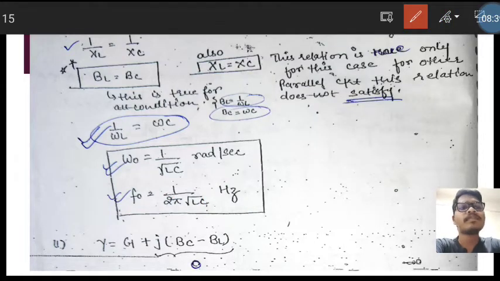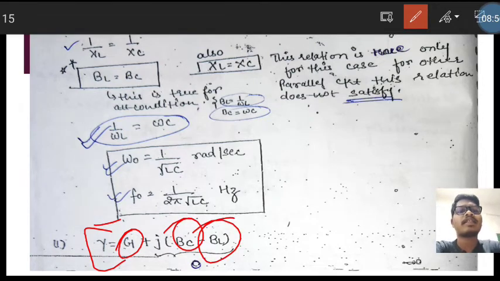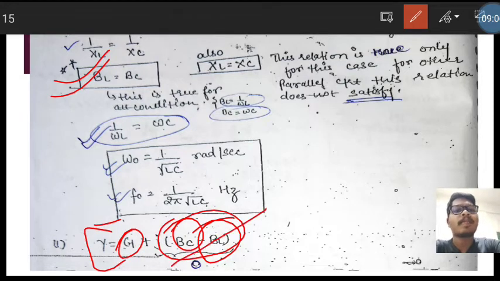Okay, and we know from the previous lecture that admittance is equal to conductance plus J, susceptance across the capacitance minus susceptance across the inductance. So we already know from this equation that the susceptance across the inductance is equal to the susceptance across the capacitance. We can cancel this term, we can neglect this term.